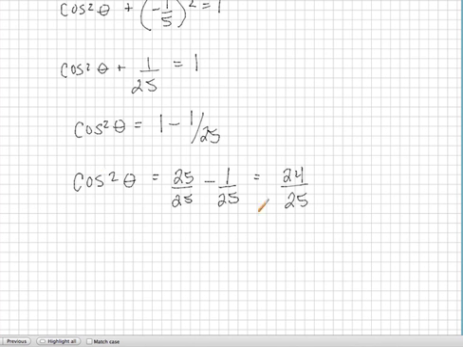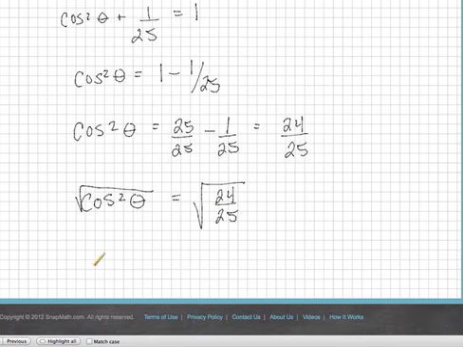So cosine squared theta is equal to 24 over 25. We can take the square root of both sides, so that we end up with cosine theta is equal to the square root of 24 over 25.